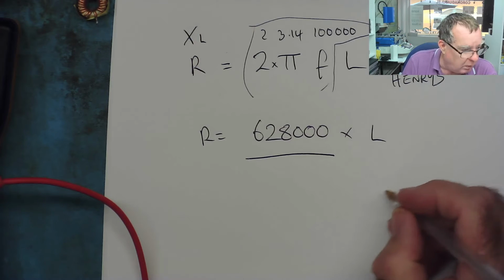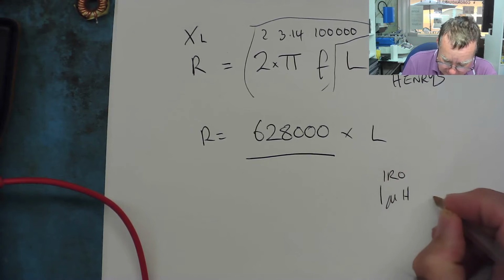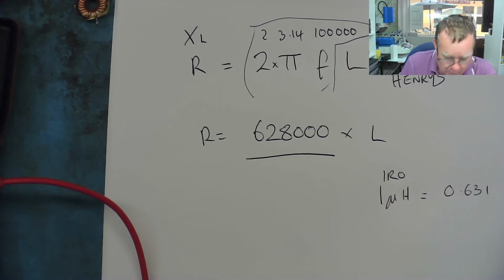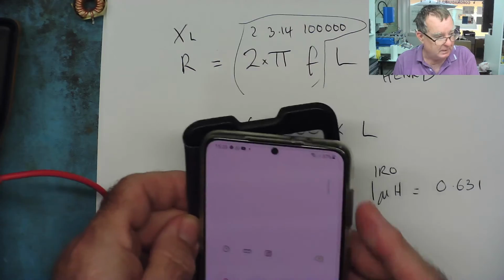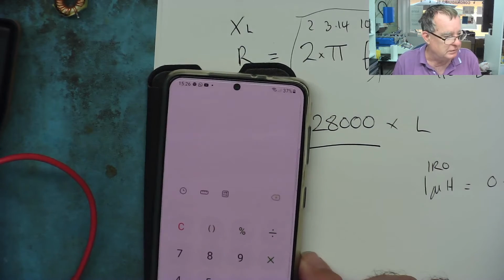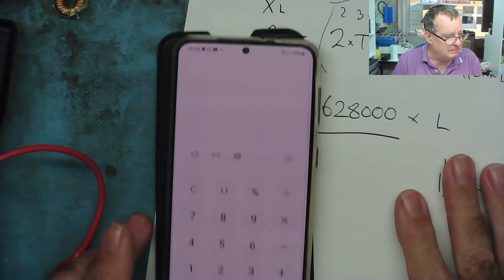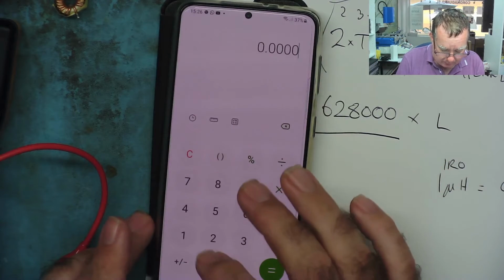So the 1 microhenry that was marked 1 or 0 was actually reading 0.631, okay? And I think you can see it's close, yeah? So let's work out the calculation. So if we know the inductance is 1 microhenry, that's 1 millionth of a henry. Well, this is in henries, so we take 0.000001, okay, it's 1 millionth.